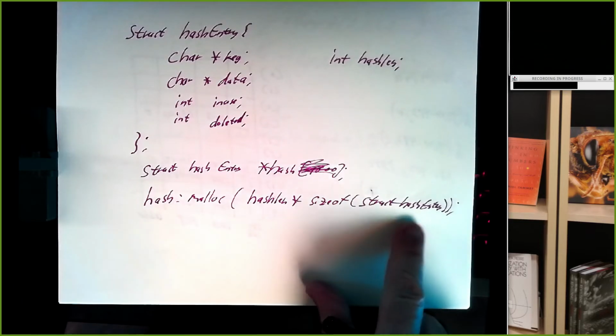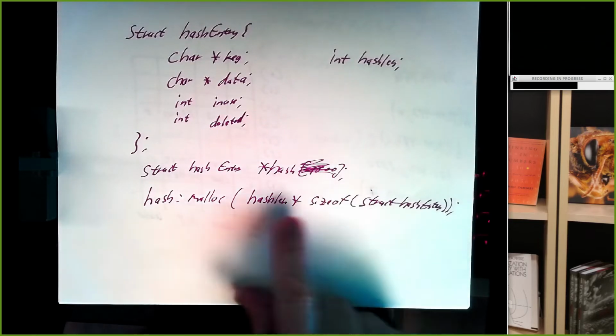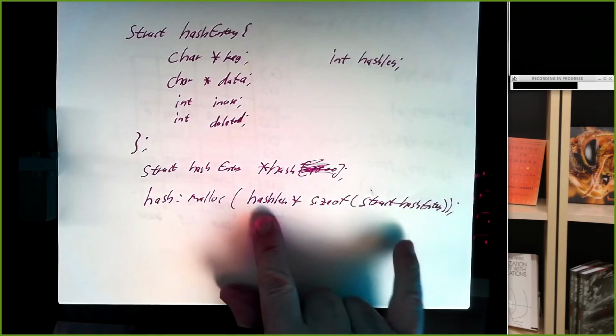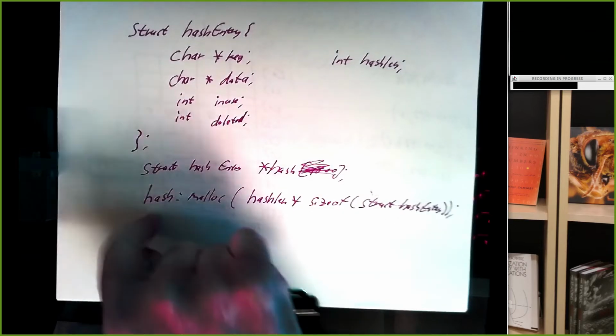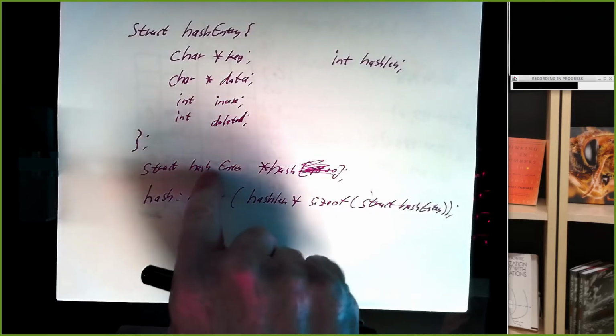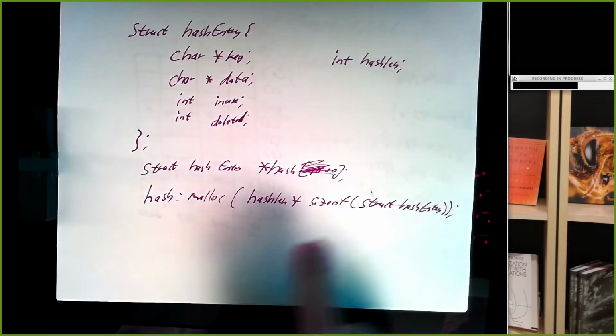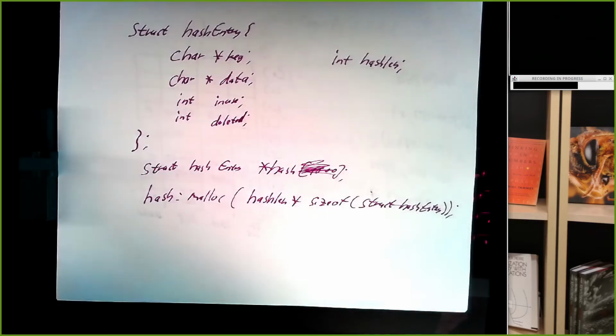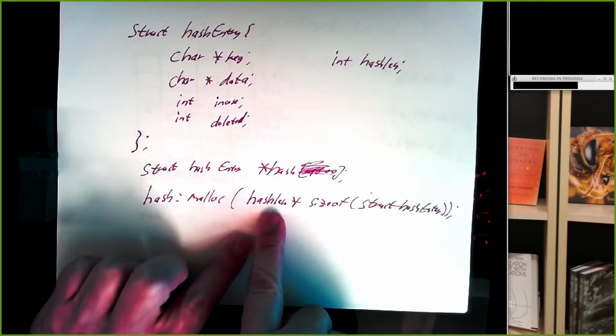So that takes how big one of the elements of our array is, multiplies by the number of elements we want, and allocates that many bytes. Hash takes that value, and so now this is pointing to not just a hash entry, but the hash entry at the beginning of a block of this many hash entries.